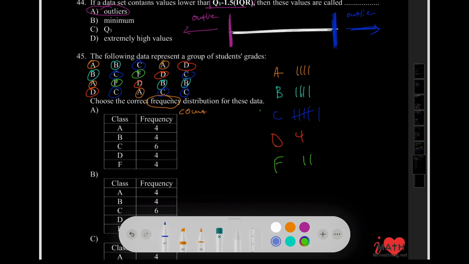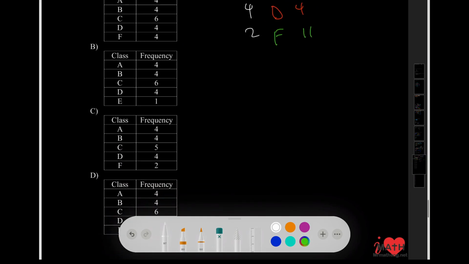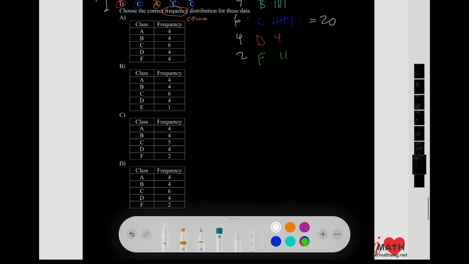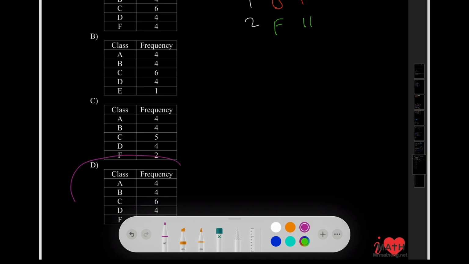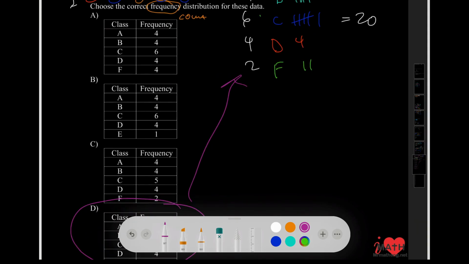And just to double check, because I'm crazy, there's 4, and then going across, you have 1, 2, 3, 4, 5. So 4 times 5, you should have a total of 20. So 4, 4, 6, 4, 2. That gives me 20. So let's just double check. The one I see that represents that one is D. Right? That's the same one. So the answer for number 45 is D.